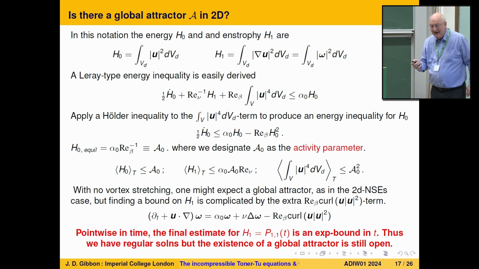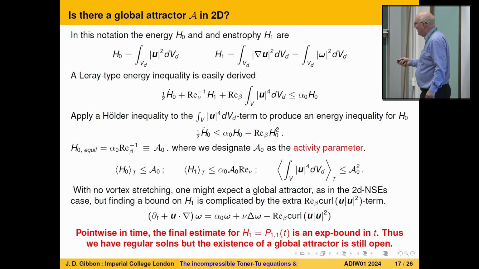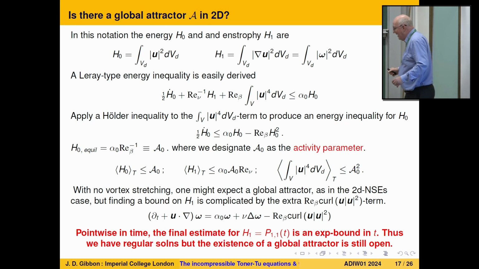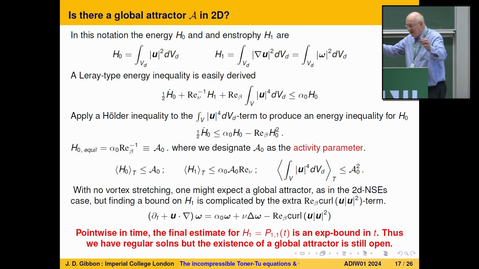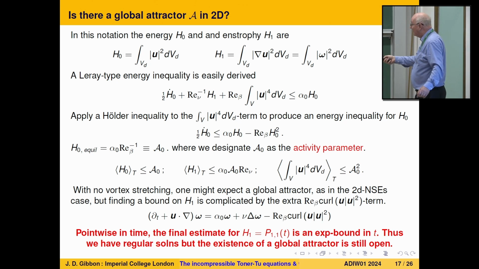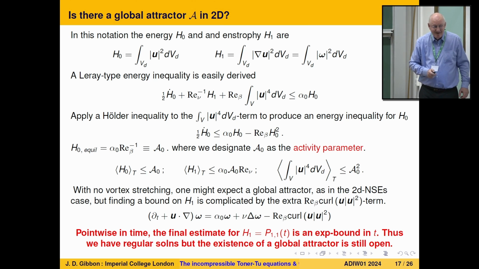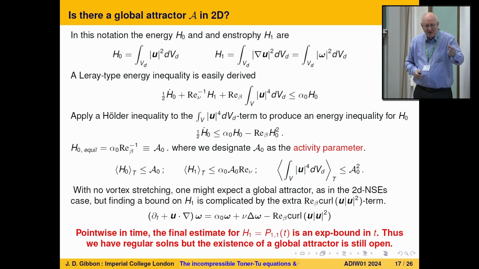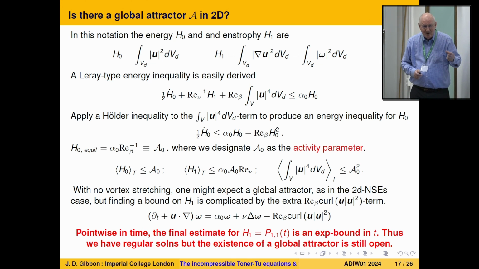Very nicely. But what you actually can't prove is a ball of finite radius, which you can prove for 2D Navier-Stokes. The bound that you get for H1 is an exponential bound in time. Now that tells you that at any finite time, your H1 or your entropy is bounded pointwise in time, so it cannot blow up.